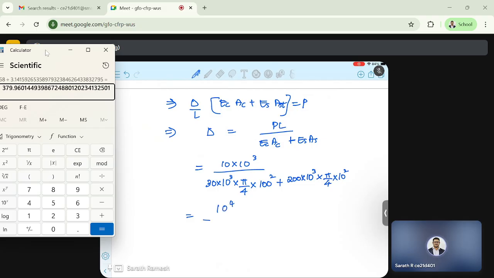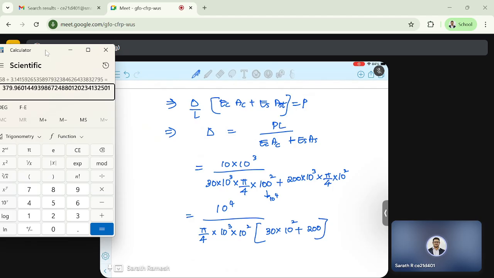10 power 4 divided by this. Pi by 4 is common. What else? 10 power 3 is common and 10 square is common. So if I take all these things out, pi by 4, 10 power 3, and 10 square, it becomes 30 into 10 square plus 200.